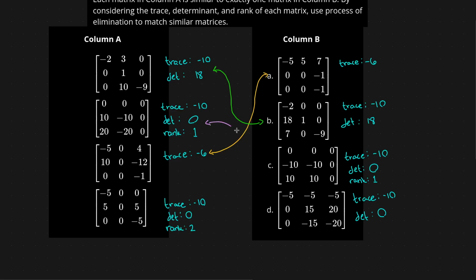So these two matrices must be similar. Now, I didn't actually find the rank for this one, but I don't need to because it's the last one available. Since this has rank 2, this must also have rank 2. You could double check that if you want. Plug it into your calculator. Okay, so these two must be similar. They're the only two that are unpaired.